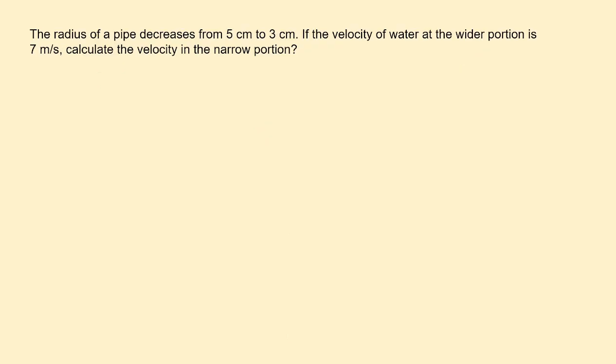The radius of a pipe decreases from 5 cm to 3 cm. If the velocity of water at the wider portion is 7 meter per second, calculate the velocity in the narrow portion. Again, we have a pipe of known area of cross section.